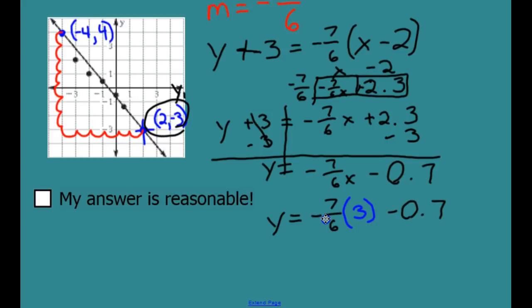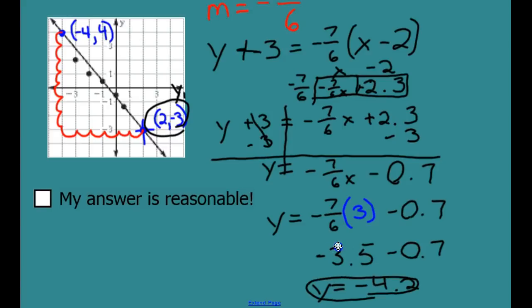So negative 7/6 times 3 gives us about negative 3.5, minus 0.7, so what we get is y equals negative 4.2.